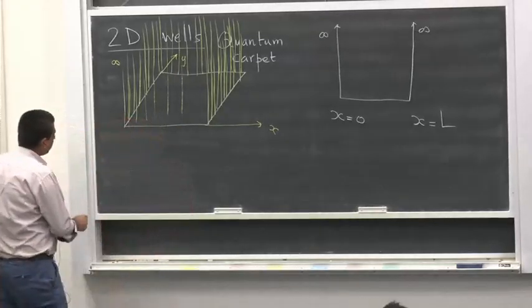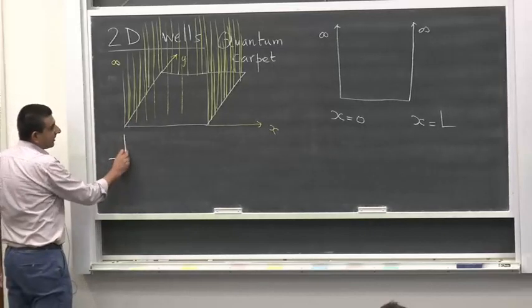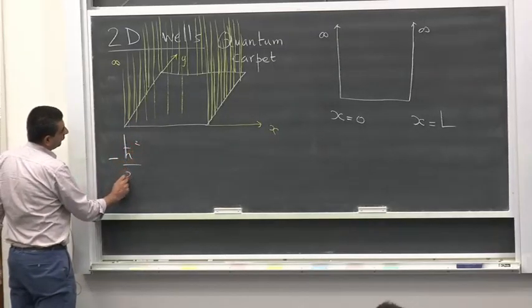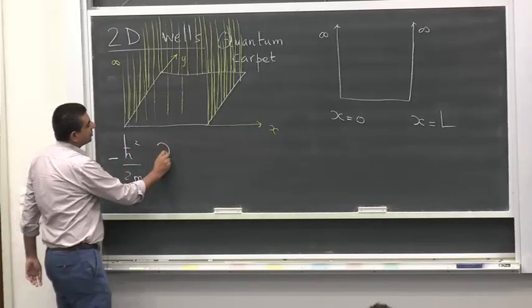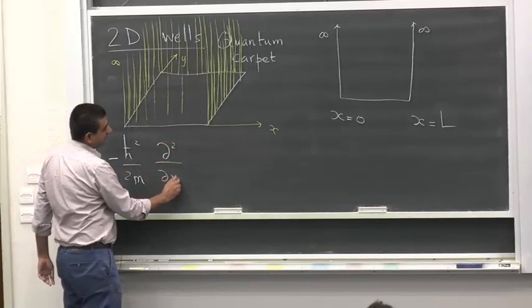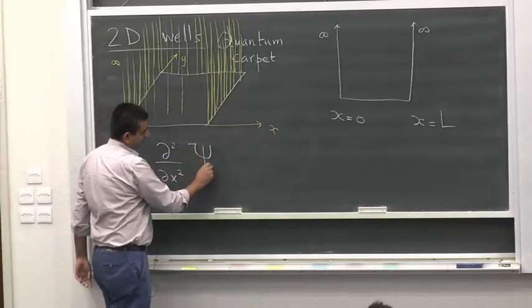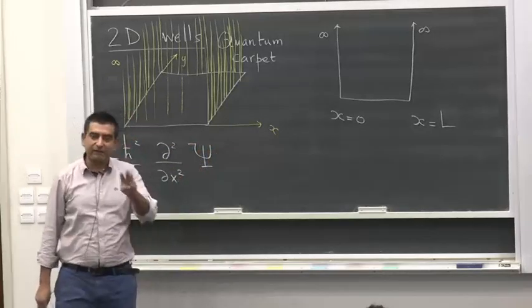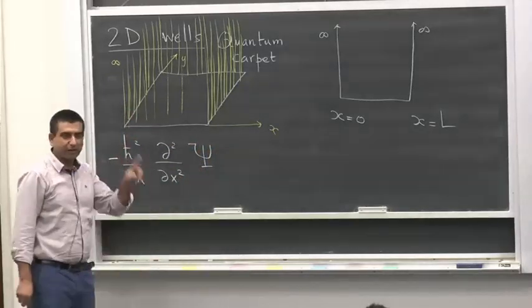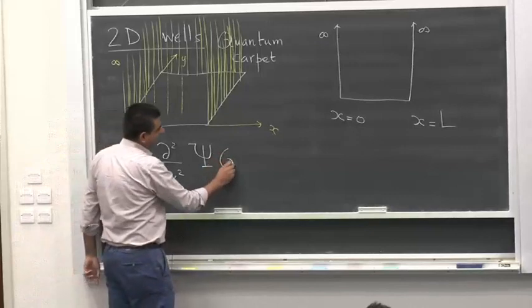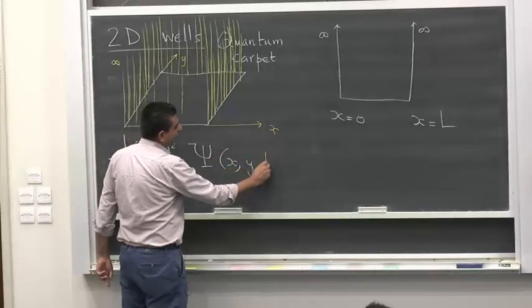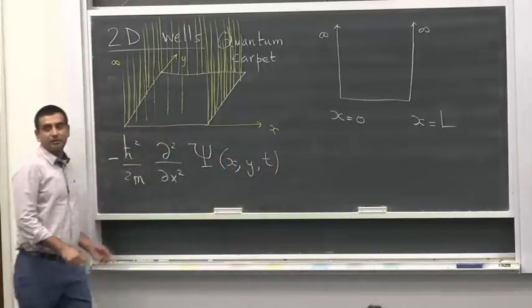So now we have the Schrodinger equation, which is given by minus h bar squared over 2m, partial squared over partial x squared. Now our wave function is a function of 3 variables instead of 2. It depends upon x, it depends upon y, and it depends upon time.